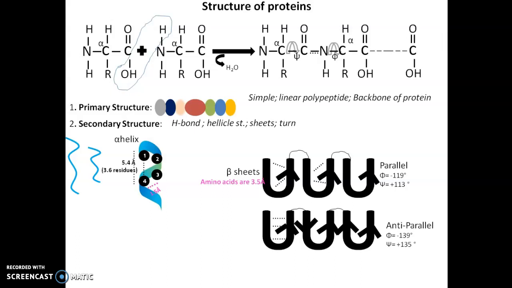The antiparallel structure of the beta sheet is much more stable, as we can see from the diagram that the hydrogen bond in the antiparallel case is collinear, while it is not in the parallel one. So it is physically much more stable as compared to the parallel structure.